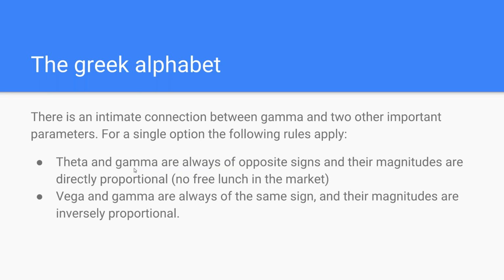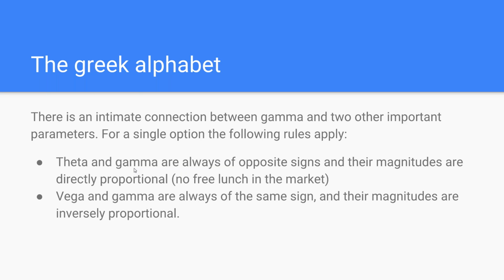Anyway, there is also a connection between gamma and vega. And vega is a Greek, a parameter of option modeling that tells you how sensitive an option is to changes in implied volatility. In this case, they are the same sign, at least it's good that they are the same sign.